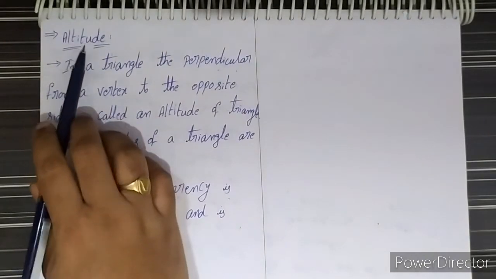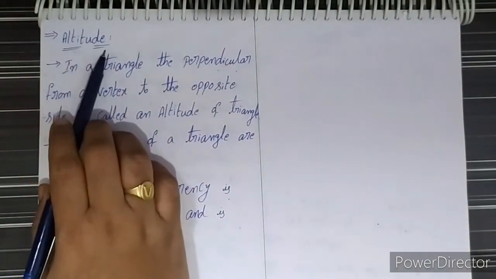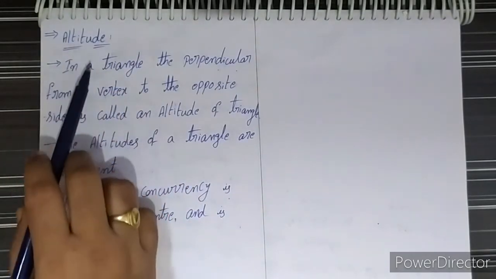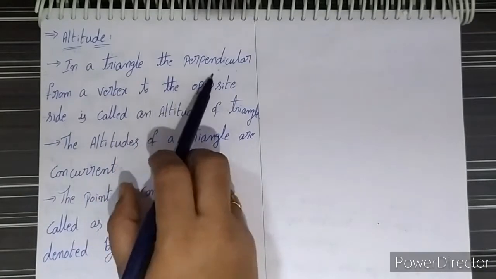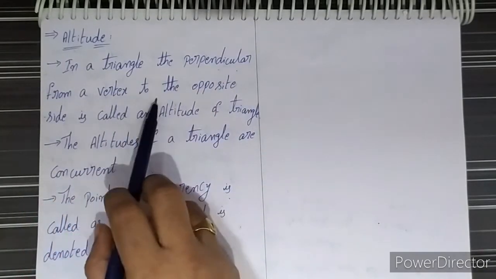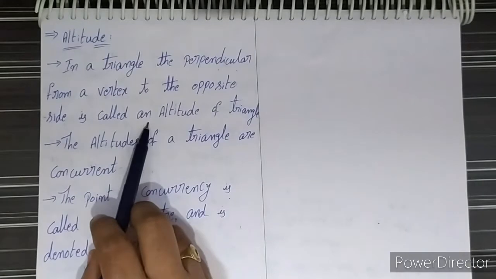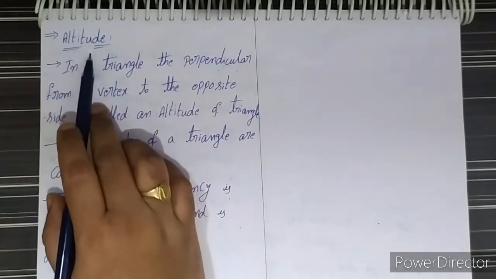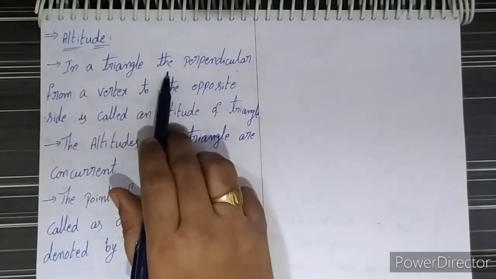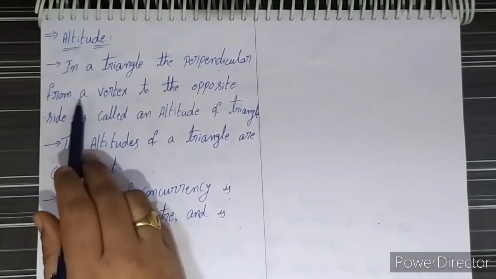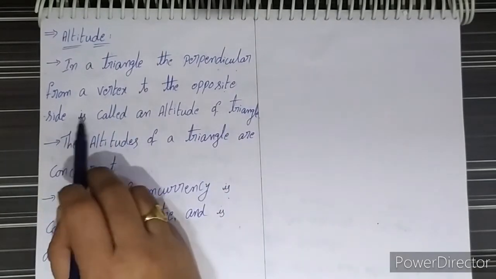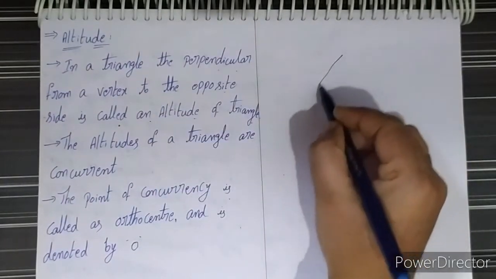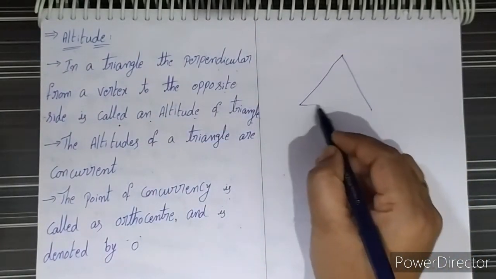Next, altitude. Altitude of a triangle. Altitude means, in a triangle, the perpendicular from a vertex to the opposite side is called an altitude of the triangle.